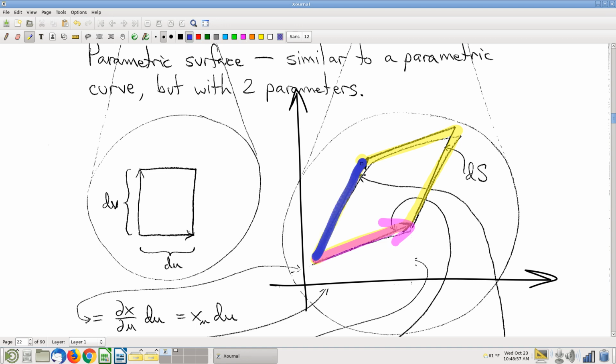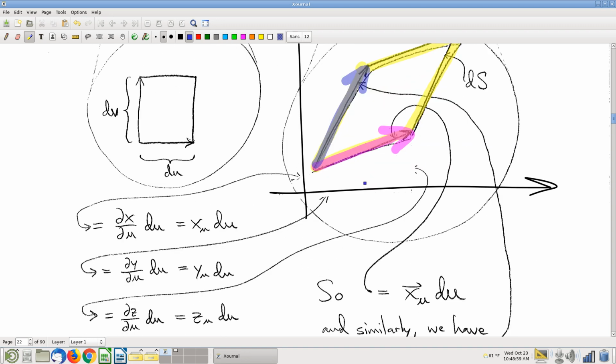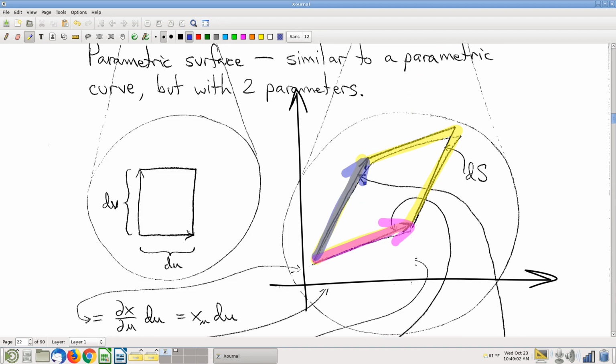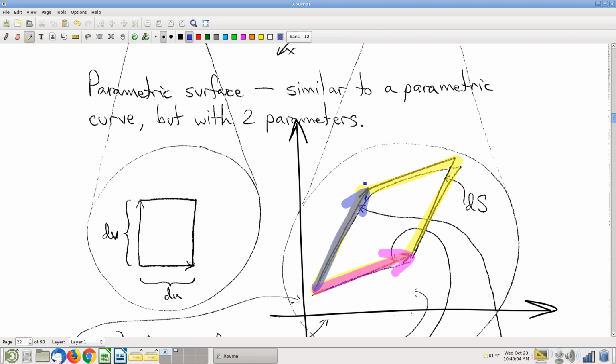It's going to be super analogous to what we did down here, except instead of there being 3 coordinates, now we're just in the XY plane. There's just 2 coordinates. You can totally write down those vectors. Having written down those vectors, we're now in 2 dimensions. How do you compute an area of a parallelogram in 2 dimensions? It's not a cross product. There is no cross product in 2 dimensions. If you have a parallelogram in 2 dimensions, think way back, early chapter 12. Make a matrix, take the determinant. That's the formula for the area of a parallelogram.